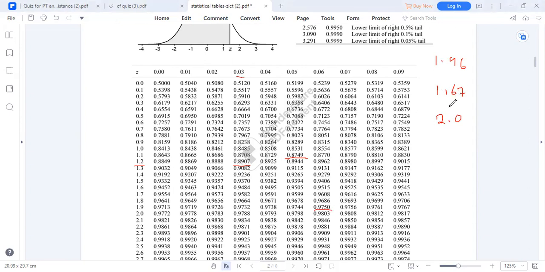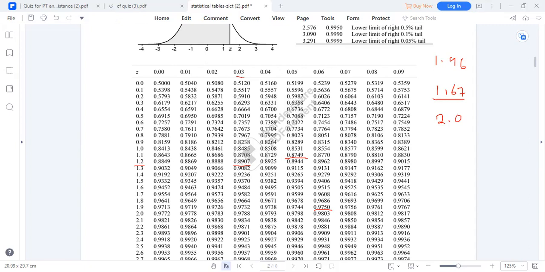How about 1.67? Somebody else, 1.67. 0.9616. Okay.